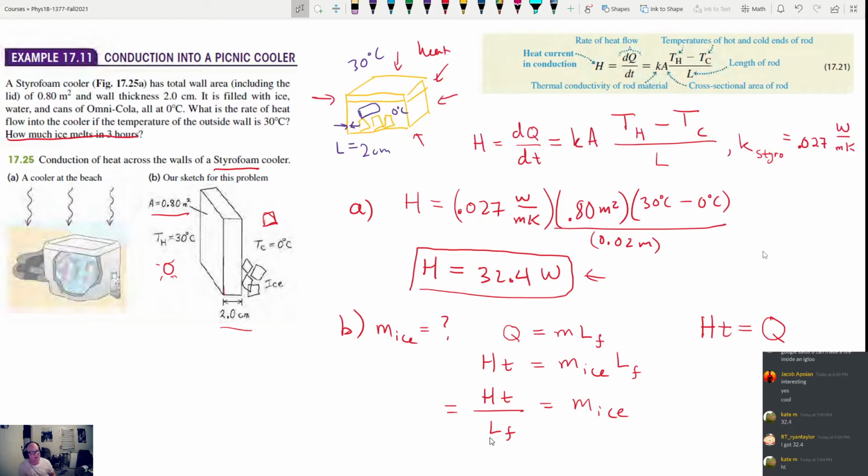Before we do this, does everybody understand the process here? And does anyone have any questions?